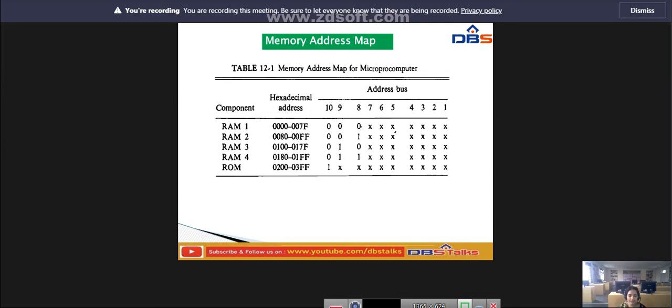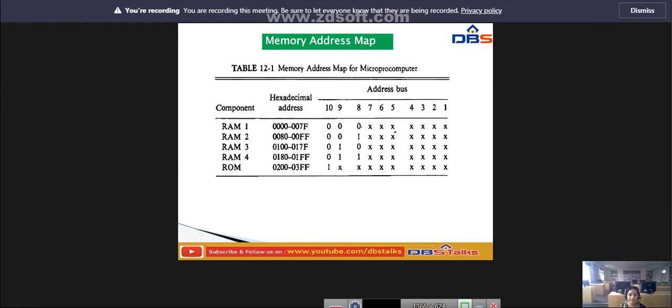The RAM chips have 128 bytes and need 7 address lines. The ROM chip has 512 bytes and needs 9 address lines. The x's are always assigned to the low order bus lines: lines 1 through 7 for a RAM and lines 1 through 9 for a ROM. It is necessary to distinguish between the 4 RAM chips by assigning to each a different address.